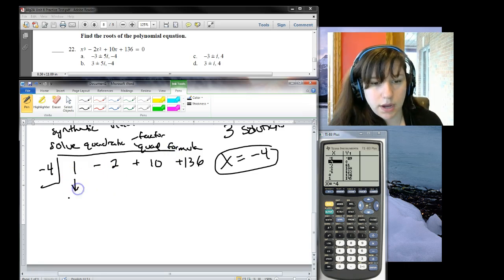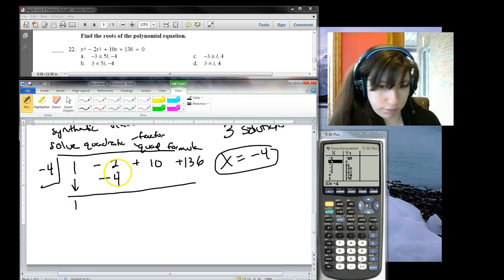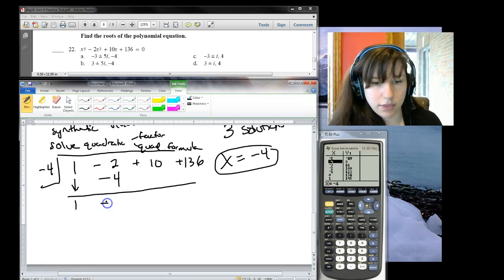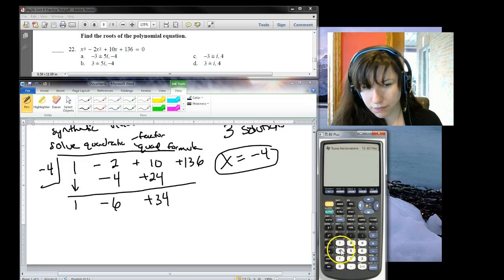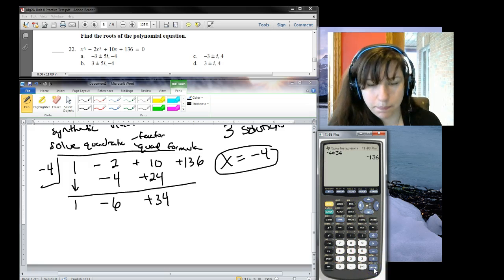Bring your first number down. 1 times -4 is -4. Add those up. Times -4 is +24. Add those up. Times a -4. I don't know it off the top of my head, but I'm going to guess it's a -136. Yep.